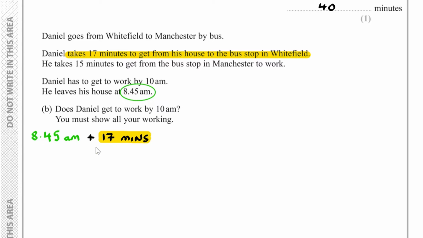Then, if we work out what time he would arrive at the bus stop in Whitefield, this will be 9:02 AM.